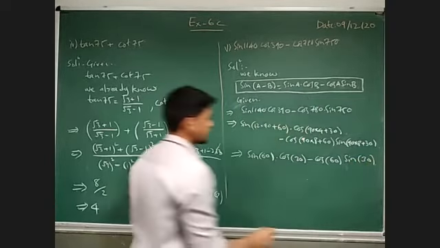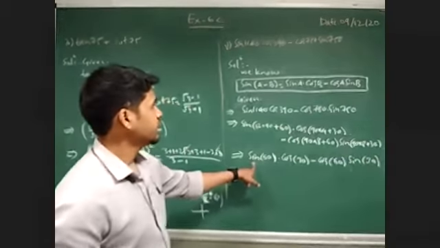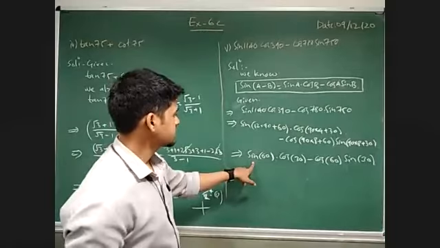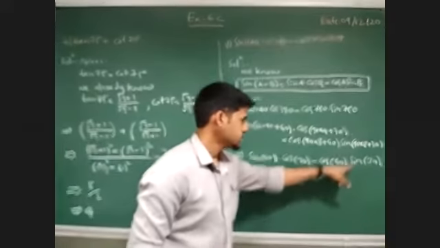Now just see here, we have sine 60 cos 30 minus cos 60 sine 30.